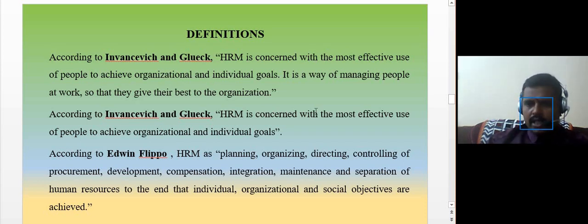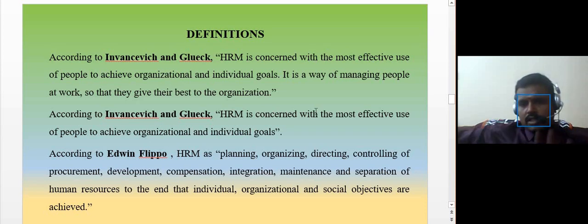Here we are talking about the career objective, how the individual objectives, individual goals will create a major impact on organizational objectives. So the organizational objectives definitely should be met with the individual or career goals of that particular person.